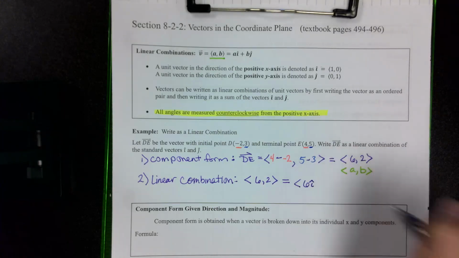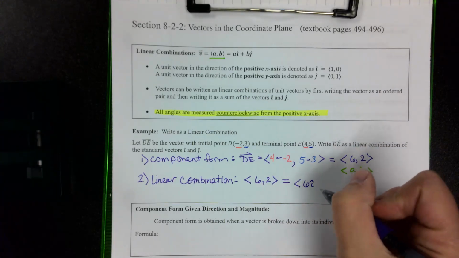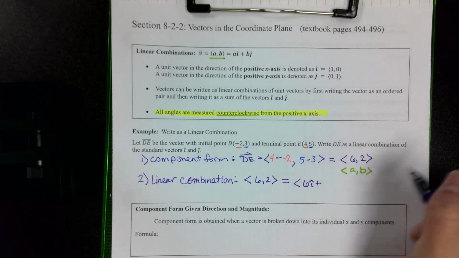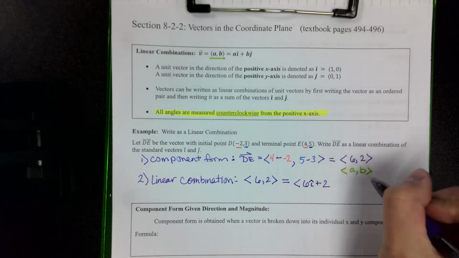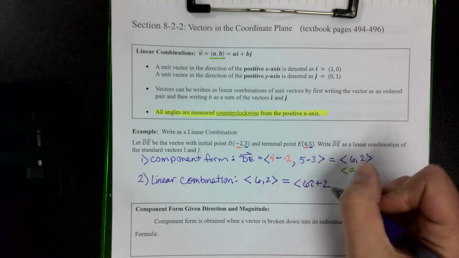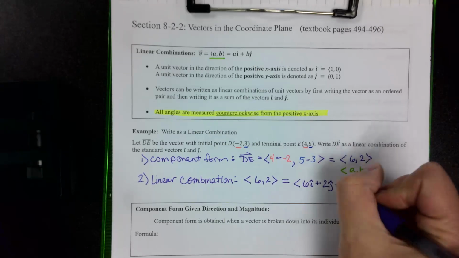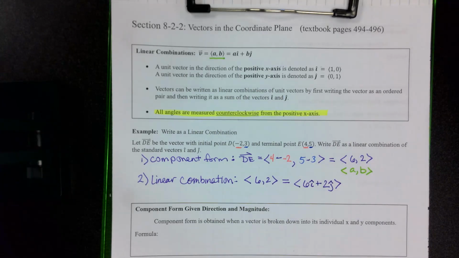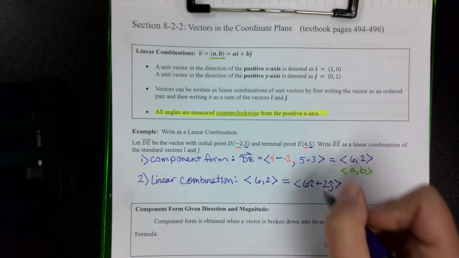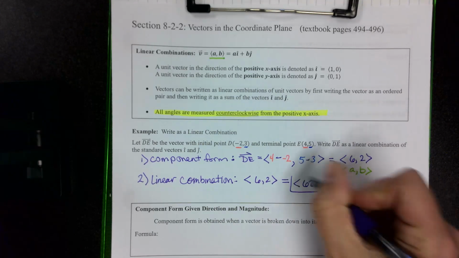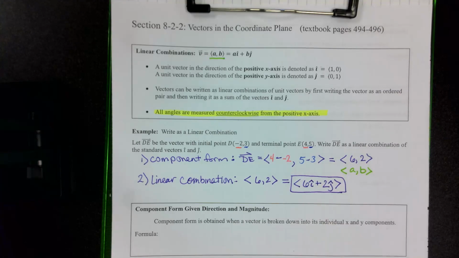I'm not 100% on that. Plus 2j, because that's the b with its little hat. So that's the linear combination of the vector, 6i plus 2j. Okay? Linear has the letters in it.